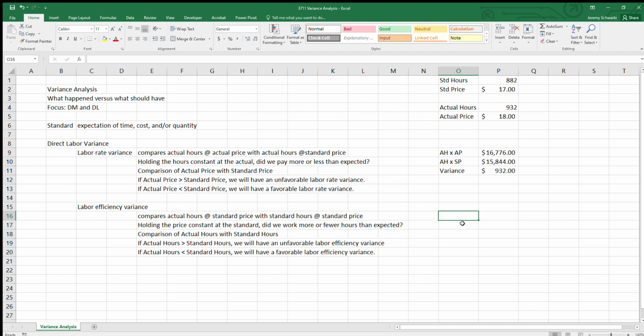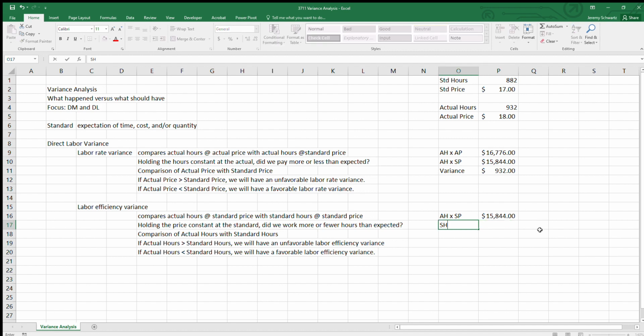Now, what we also want to approach is, when we look at the labor efficiency variance, recall that we have our actual hours at our standard price. This is going to be the same as we had before, 15,844.